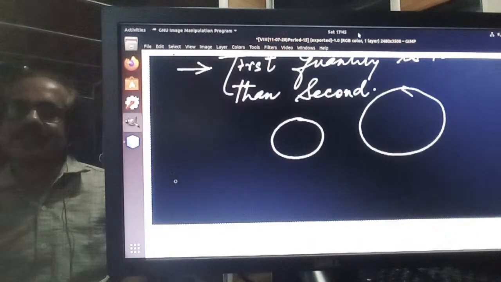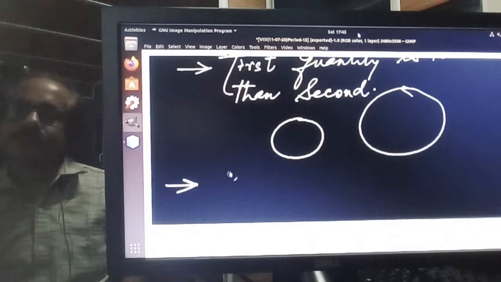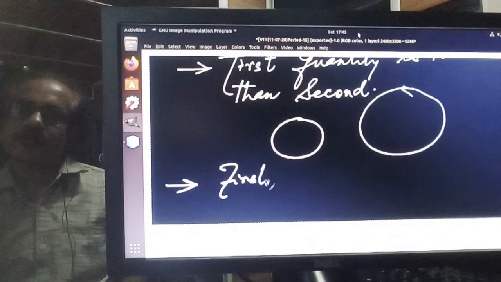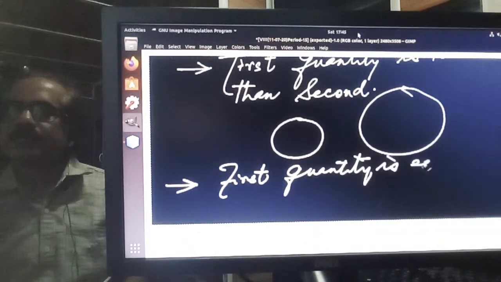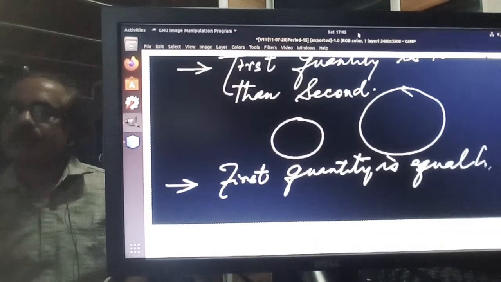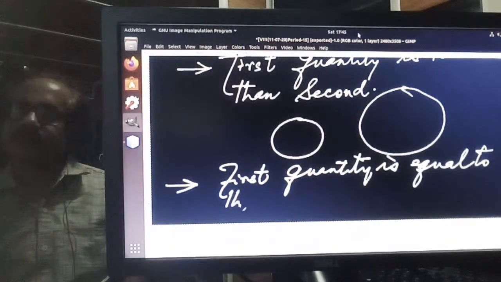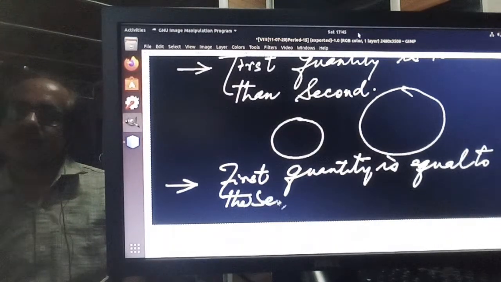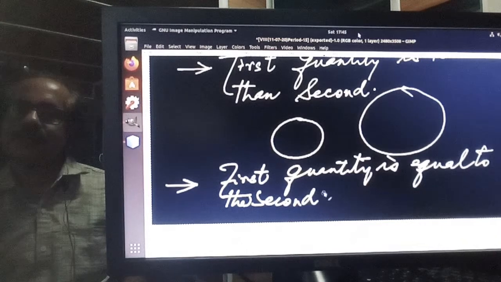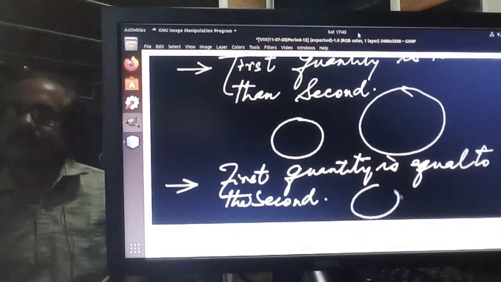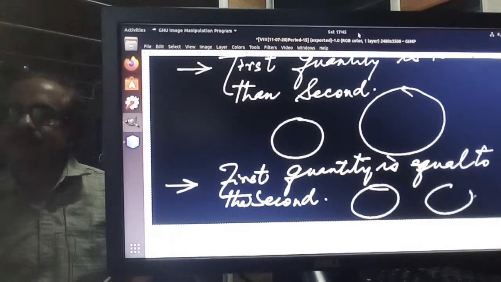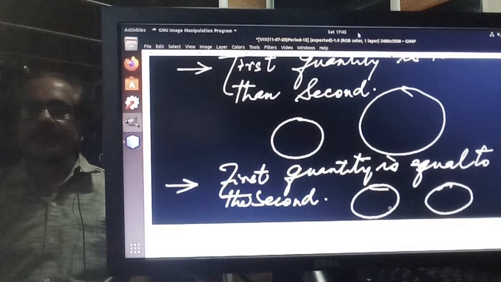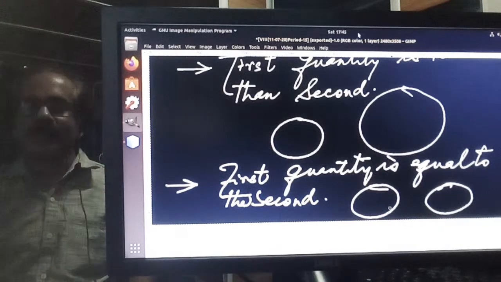And the third is the first quantity is equal to the second, that is equal, both are the same.